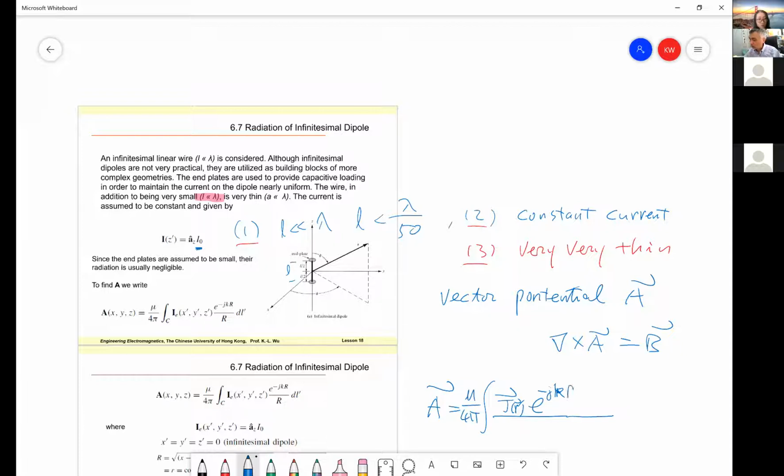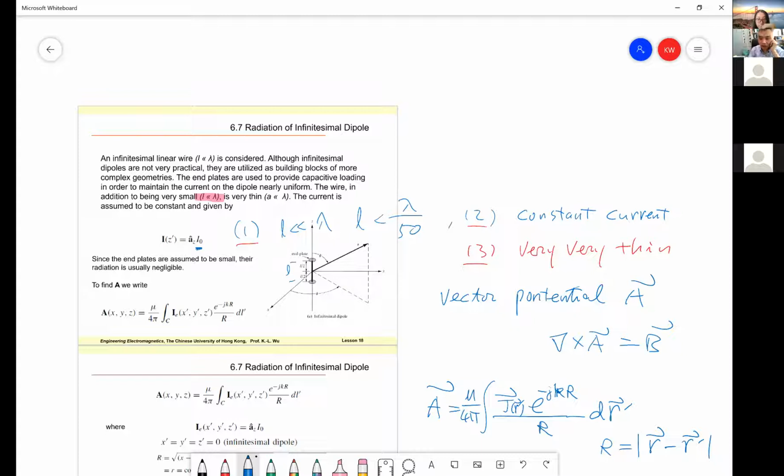We need to consider the time delay, then this is R, then we do the integration over the source. And what R is, the R is the distance between the field point and the source point. This is how we find potential A first.